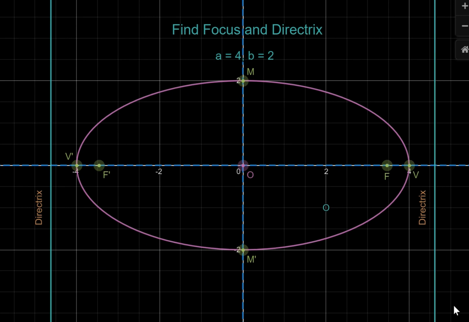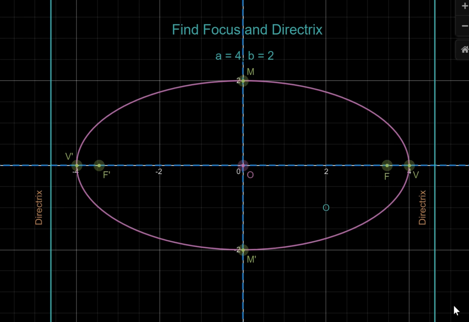Here is question number 3 for you. We have shown an ellipse with center at the origin. You need to find the coordinates for the vertices, co-vertices, and the lengths of the major axis and the minor axis. Along with that, you also need to find the coordinates for the two foci.